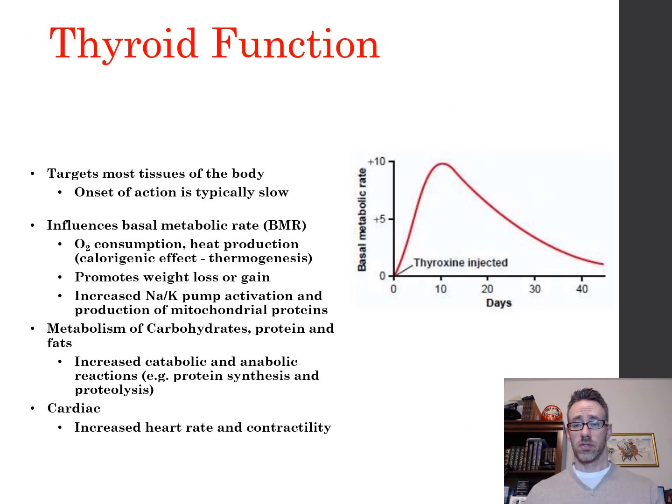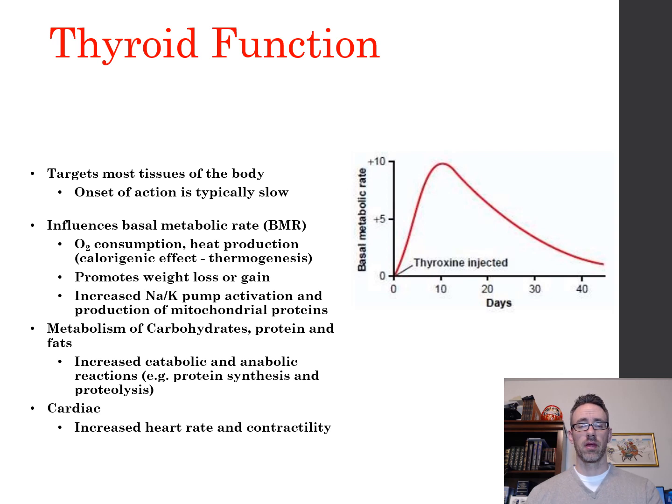Okay, so in terms of the general function of the thyroid, the thyroid targets most tissues of the body. For example, it does target things like the liver, the kidneys, the heart, and skeletal muscle, but has less effect on, say, the adult brain, the skin, or the testes.